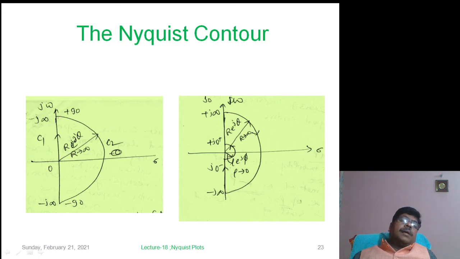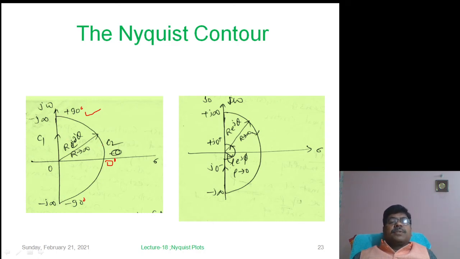Here the arc starts from an angle of plus 90 degrees, goes to 0 degrees, to minus 90 degrees, and moves like this.